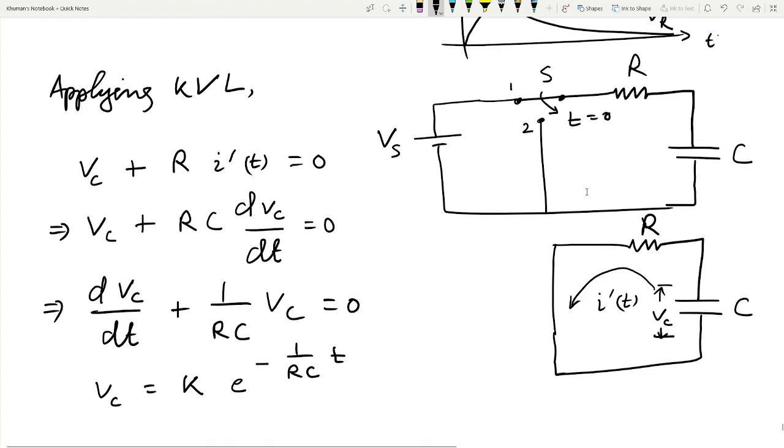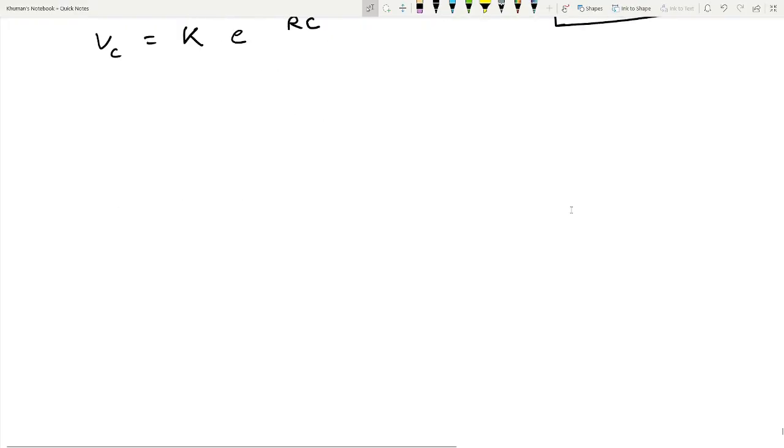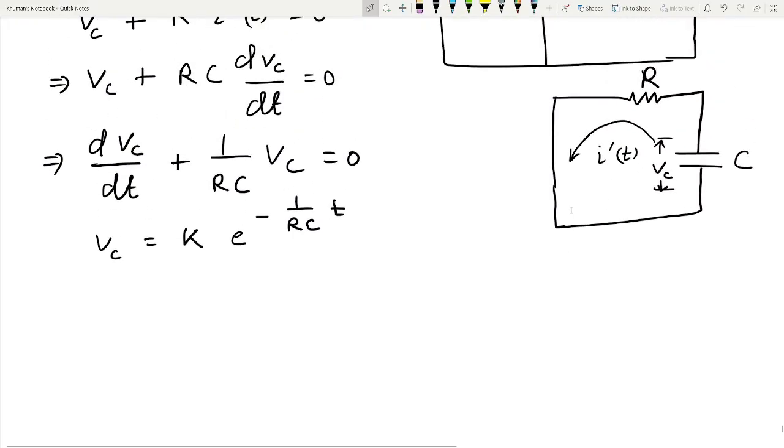Okay, so at t equal to 0, the capacitor is already charged to VC, that is already charged to Vs. Okay, then at t equal to 0, VC is equal to Vs. Okay, and at t equal to 0 plus also it will be equal to the same.